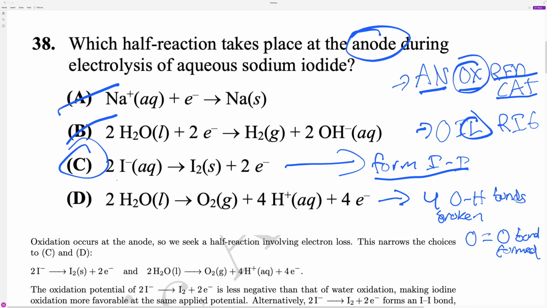So you can see here, this is a halide, I minus, and it's turning into the uncharged iodine, and that's going to be the half reaction at the anode because it's a halogen. On the other hand, for other reactions, you're actually going to see D as the answer, and I won't get into why that is. It just comes down to reduction and oxidation potentials, which reactions are favorable, etc.